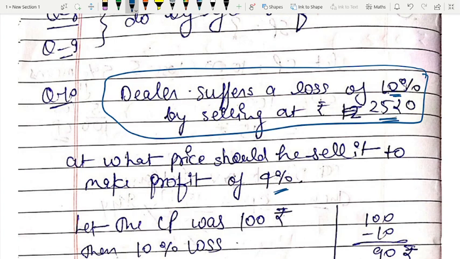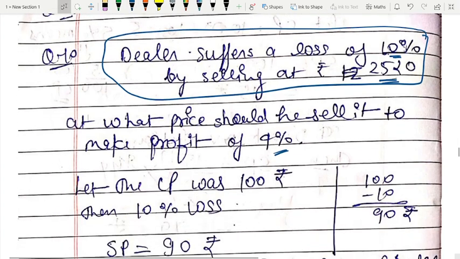In this situation, the cost price at which the dealer purchased will be the same. So we need to find the cost price from the given data. Since the cost price is not given, we will use the unitary method, and we will assume the cost price is denoted by CP.